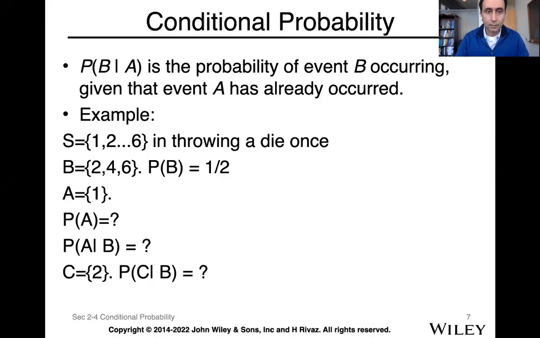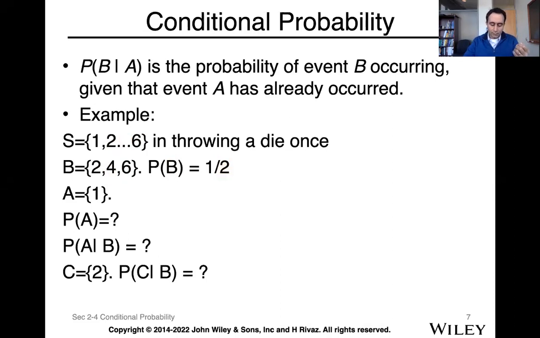Okay, so S is a sample set from the experiment of rolling a die, right? So I'm rolling a die, and the number that I can get is 1 to 6. Now, suppose that I set B to be the set of even numbers that can come up, right? 2, 4, 6. So probability of B is 1 divided by 2 because B has 3 members and S has 6 members. So 3 divided by 6 is 1 divided by 2.